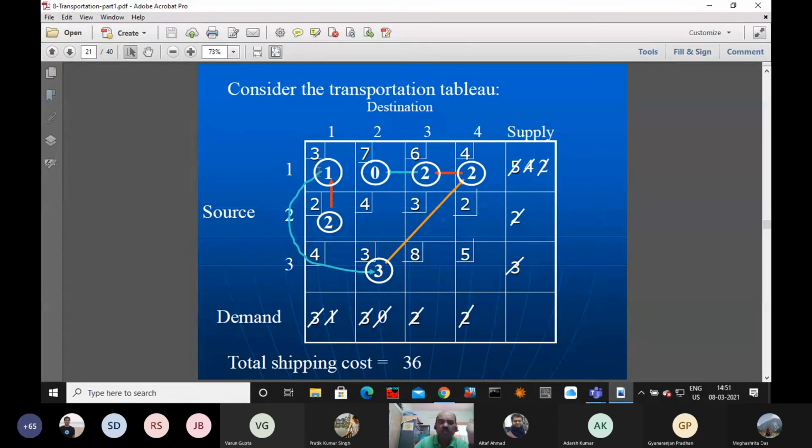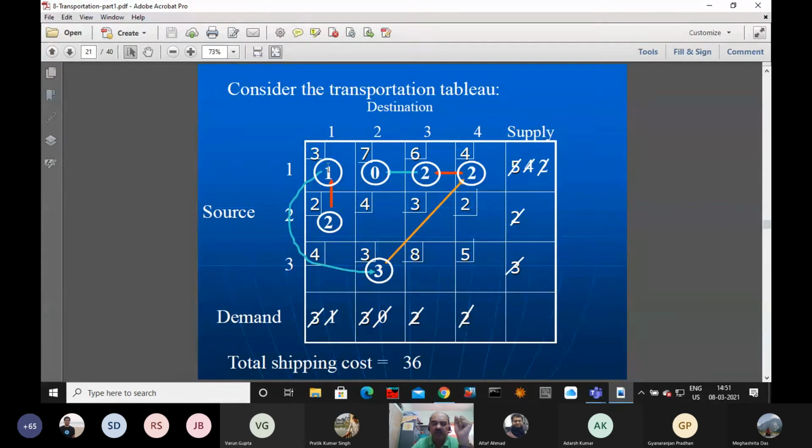If you select cell number 1, 1, what is happening? We have to allocate the minimum of 5 and 3. Not 5 and 3, because 2 units are already gone. The minimum of 5 and 1 equals 1. So 1 unit you have allocated.